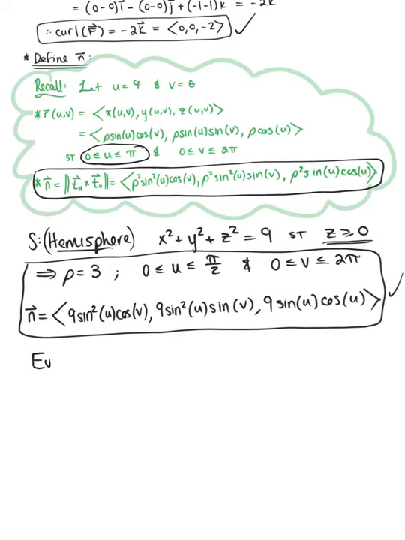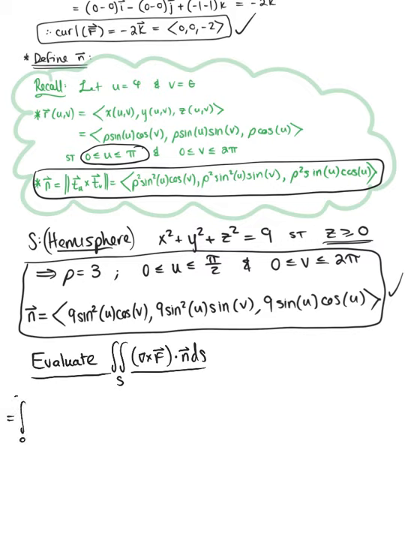So we want to evaluate that surface integral of Stokes' theorem. That is the double integral over the surface S of the curl of our vector field dotted with the normal vector dS. So we're integrating with respect to our surface area. Let's plug in what we found.